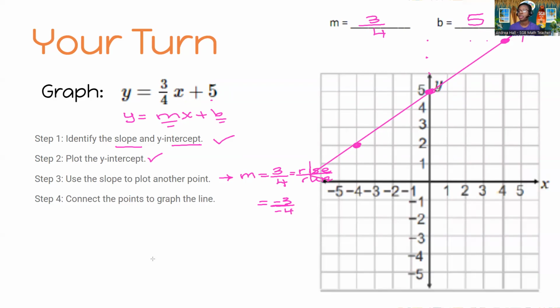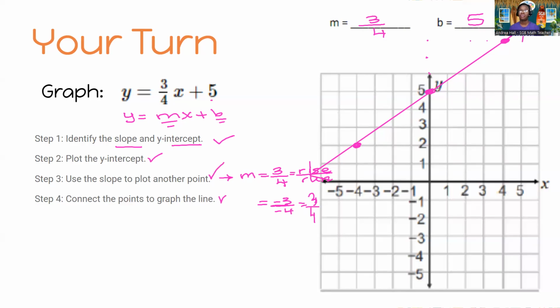If it's positive, you have to make them both negative, not just one, because a negative divided by a negative is a positive. Think about why that works. And we did the last step, which is connect the points. And there you have it.